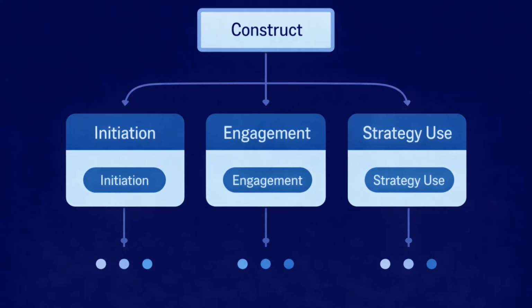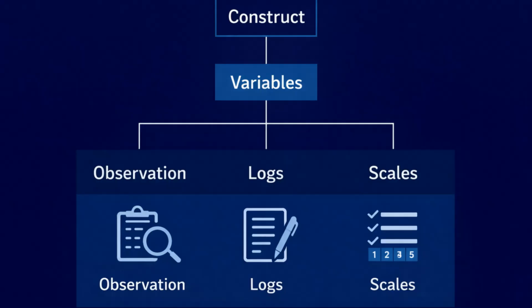Variables representing these dimensions might include frequency of prompts, level of support required, time to task initiation, and observed use of self-selected strategies. Those variables could then be measured using structured observation protocols, support logs, or rating scales. The construct is clearly defined, the variables represent that definition, and the measures align with both.